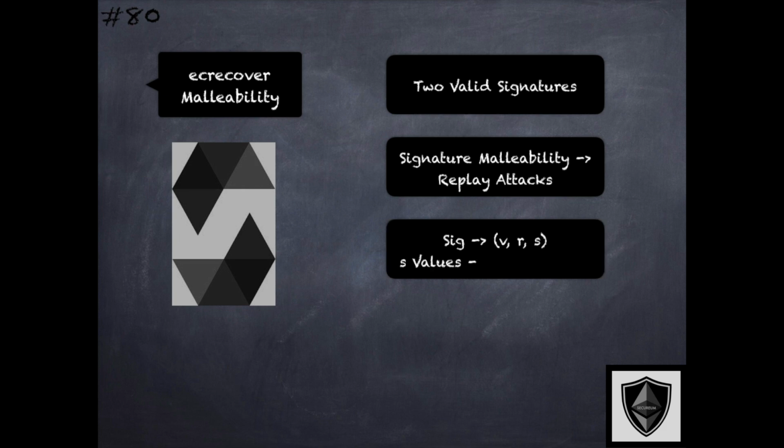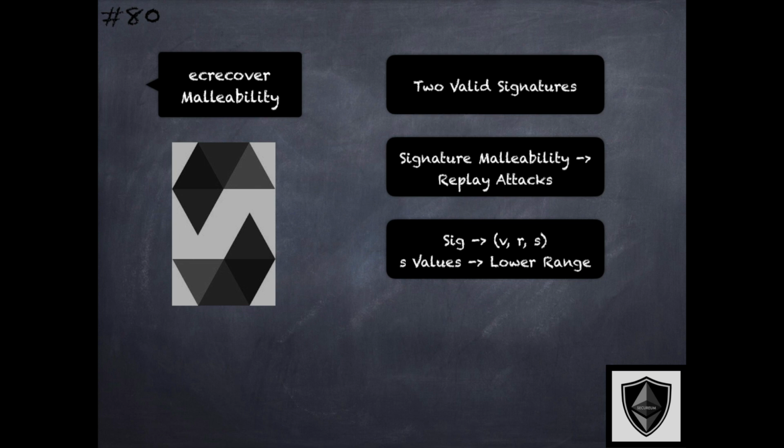The reason for this malleability is the math behind how elliptic curve cryptography works. So of the signature components v, r, and s, the s value can either be in the lower order range or in the higher order range. And ecrecover does not prevent the s value from being in one of these two ranges.